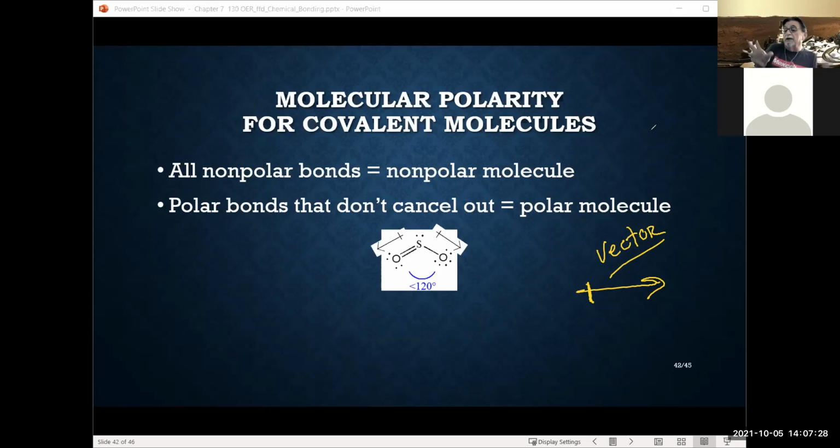What's important is the fact that it's called a vector. What that means is it has direction and magnitude, meaning some kind of value, some units.